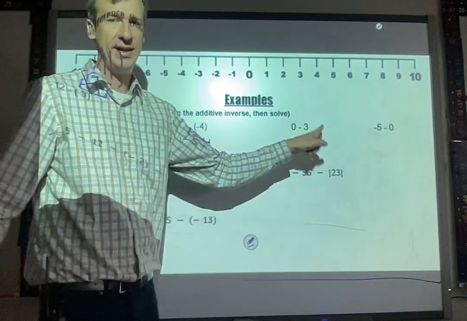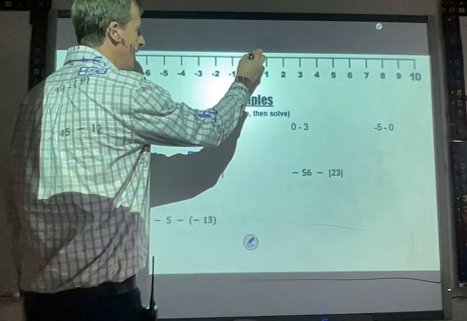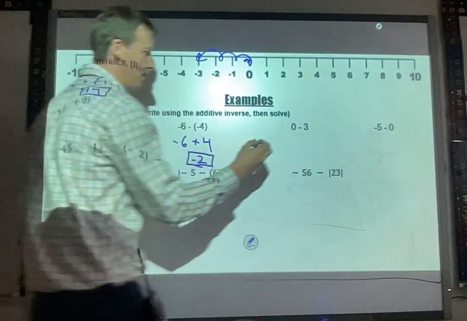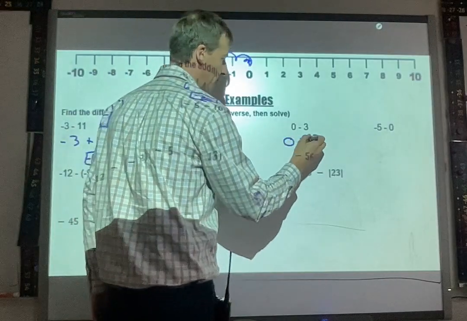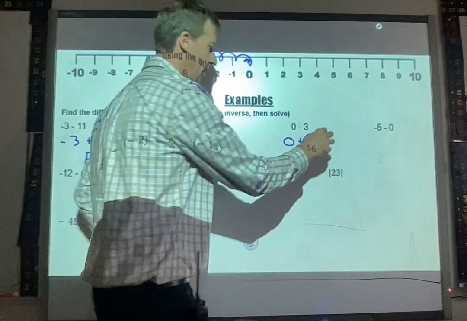Over here, 0 minus 3. Most people can do that in their heads. 0 minus 3 is negative 3. I could do this. 0, go 3 places to the left. I subtract 3, I end up at negative 3. Another way you could think about this is 0 plus negative 3. So turn that subtraction into adding the inverse.